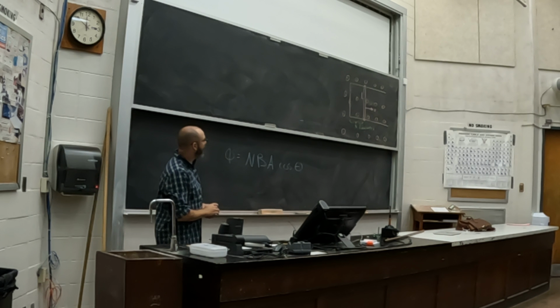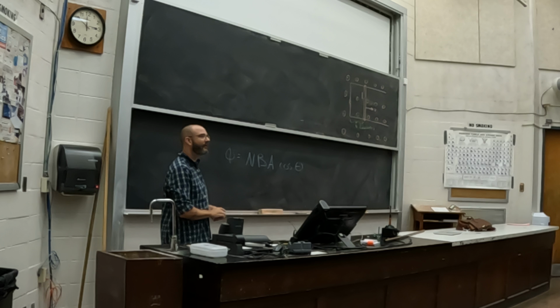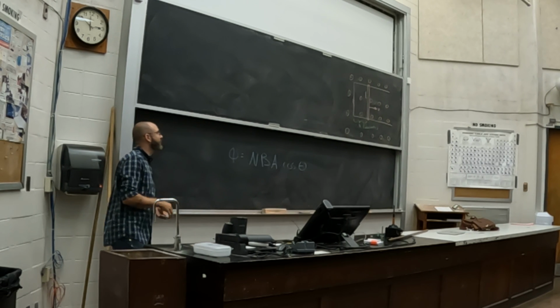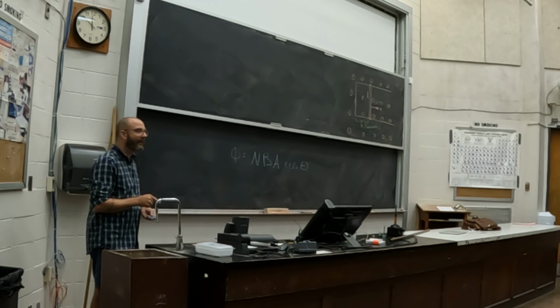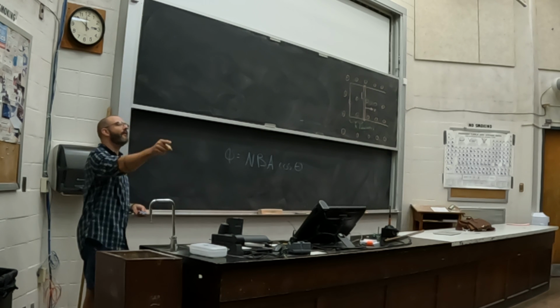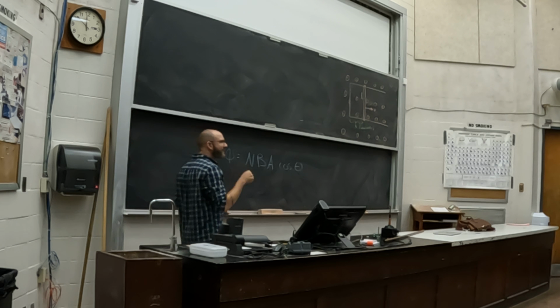Okay. So is the flux increasing or decreasing? Increasing because the area is increasing. So what does nature want to do? She wants to decrease it. So the flux is increasing from a field pointed out of the board. What direction does the field need to be for her to decrease it?